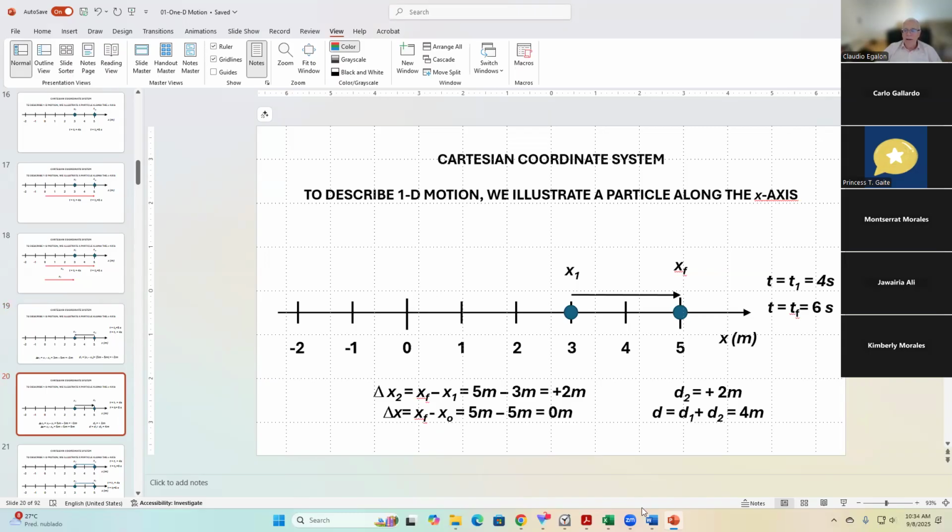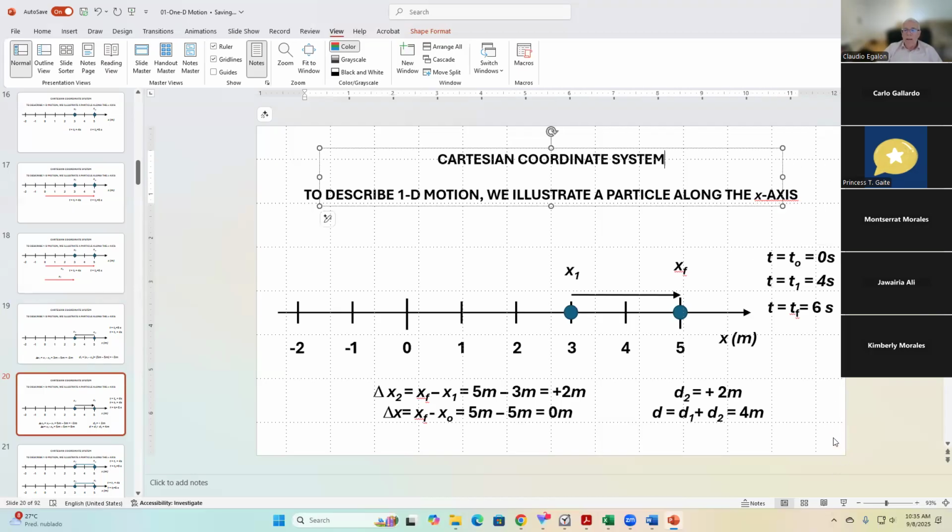And we have t1 equal to 4 seconds. Let me put another one here. t naught equal to 0 seconds. And now we are going to see clearly the numeric distinction between distance traveled and displacement, okay?